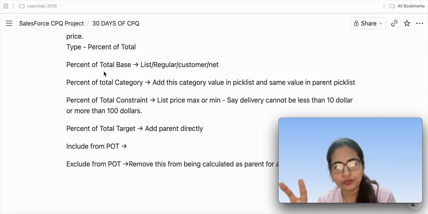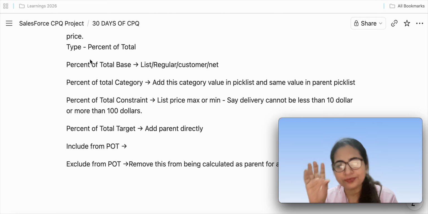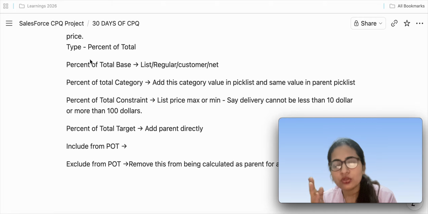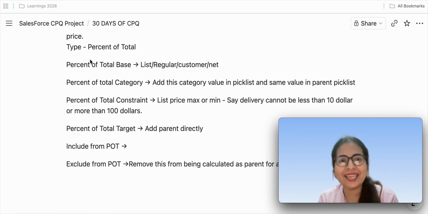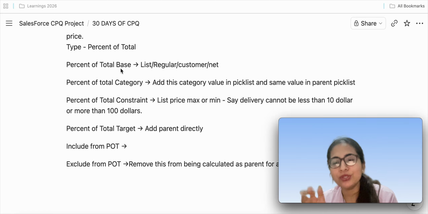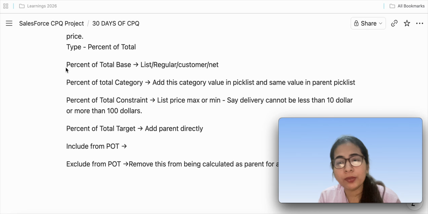When you add both products into the quote line editor, say the car is 1 lakh, and it's 1%, which is 1000 rupees. So you will be charging 1% of 1 lakh rupees as delivery. In this scenario, what do we mean by percent of total base? It means you are charging based on the list price.